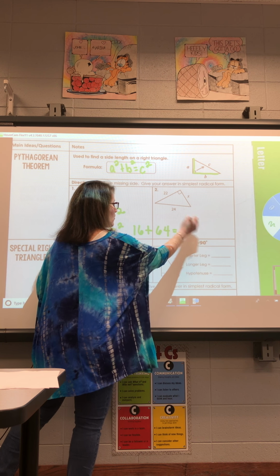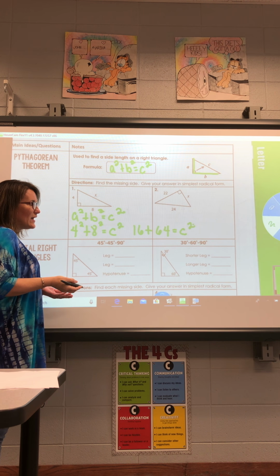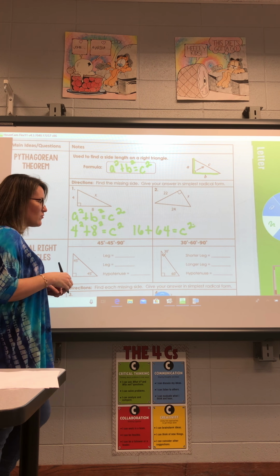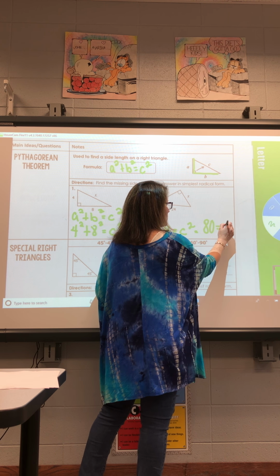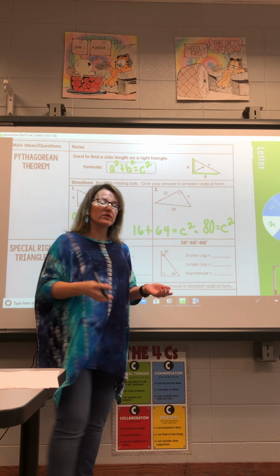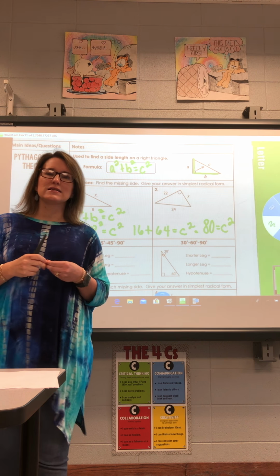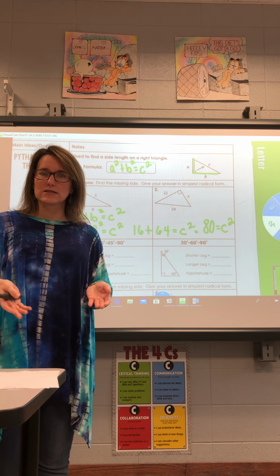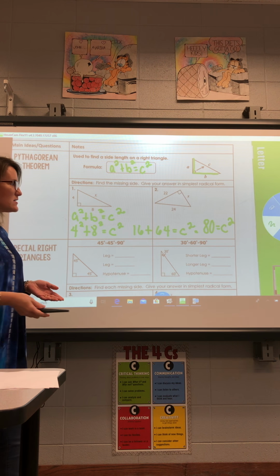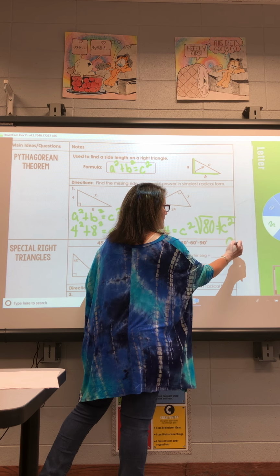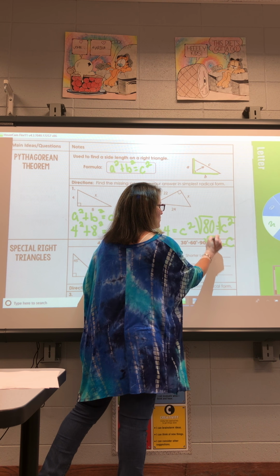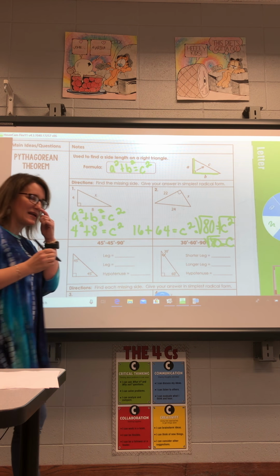And that is going to equal c squared. Let's go ahead and add 16 and 64 together, and that's going to give me 80 is equal to c squared. But remember, we're not interested in c squared. We need c, which is the length of our hypotenuse. So let's undo the square by taking the square root. And we get c is equal to the square root of 80.